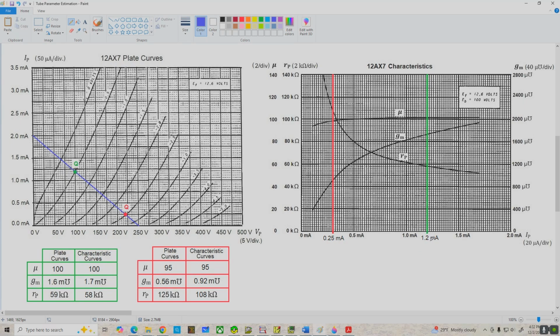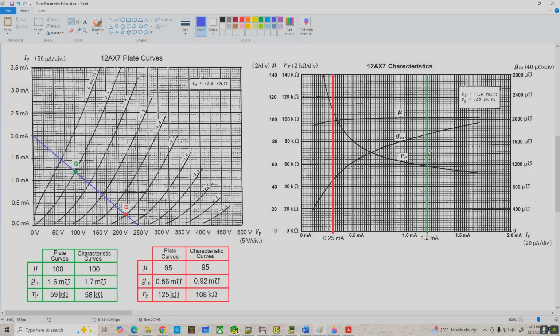And let's start with the green one here. If we go up from 1.2 milliamps on the x-axis straight up, we find where we intersect all of these curves, and those will be our small signal parameters. So the intersection for little rp is approximately 58k ohms. We'd get that from this scale over here, and that's in good agreement with the value we derived from the plate curves.